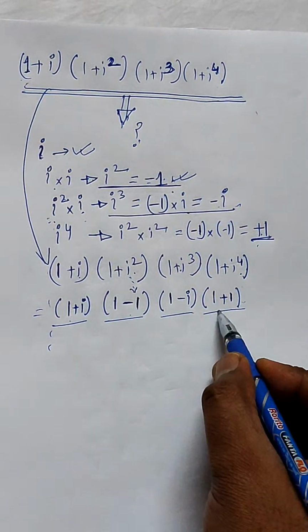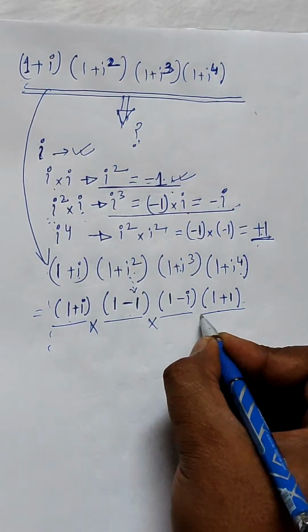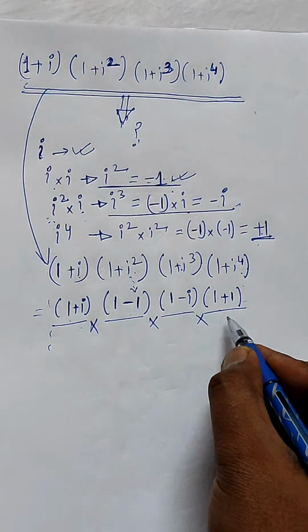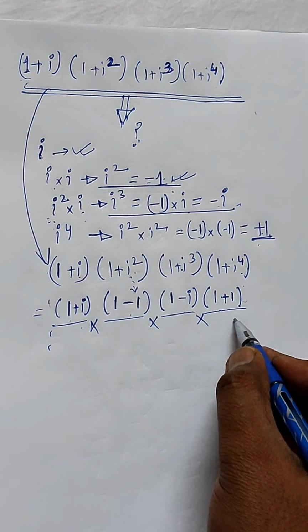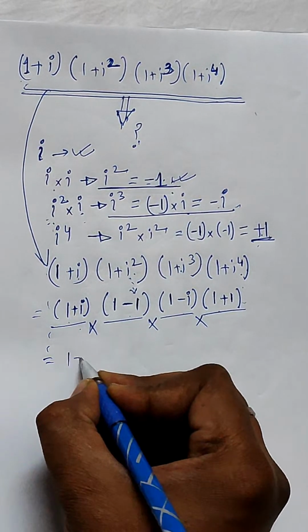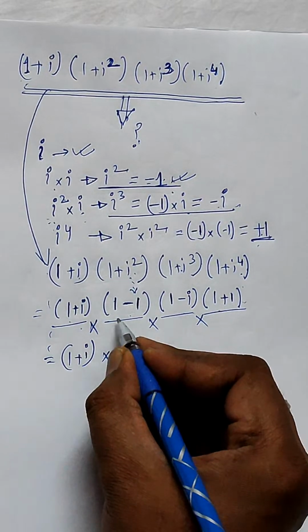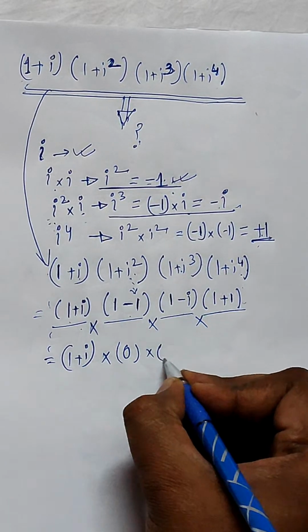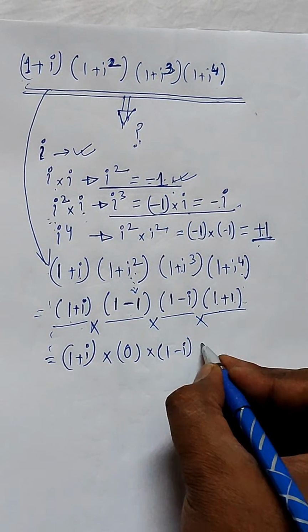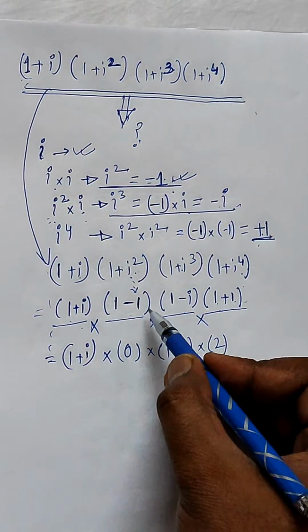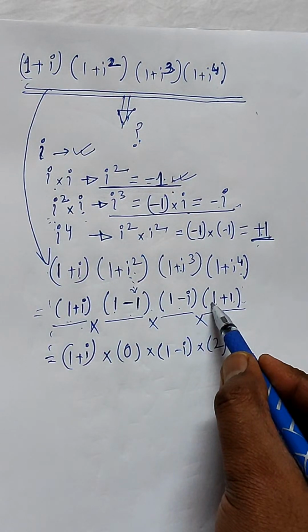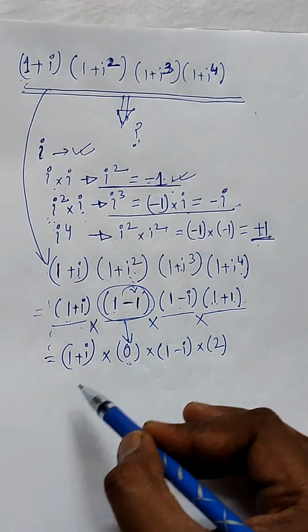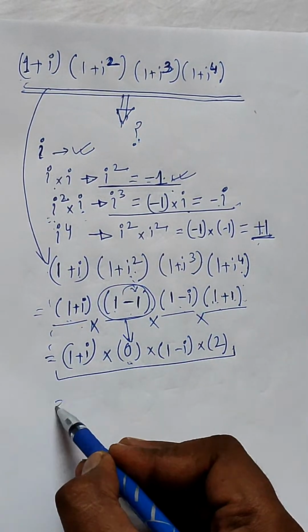Since these four brackets are multiplied, we have 1 plus I multiplied by 1 minus 1, which is 0, multiplied by 1 minus I here, and 1 plus 1 is 2. So when all these four brackets are in multiplication and the value of the second bracket is 0, don't you think that the whole product will come as 0?